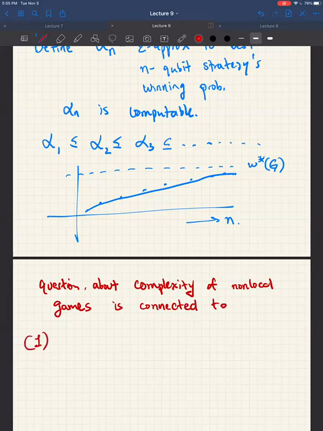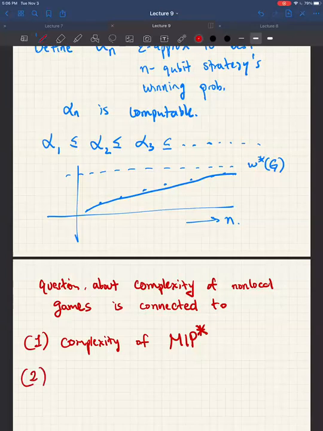So one is, well, clearly complexity theory, because we're talking about the complexity of a computational problem. And in fact, it's related to the complexity of a class called MIP star, which is quantum multiprover interactive proofs, right? So that's one connection.